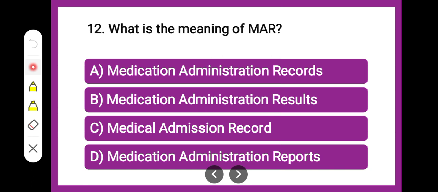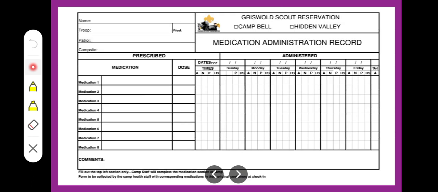So now MAR stands for medication administration record, wherein, as the word suggests, it is the drug administration, wherein these are the prescribed medicines and the dose and the dates, like the weekly administration, Sunday, Monday, Tuesday, wherein this medication is administered by this.